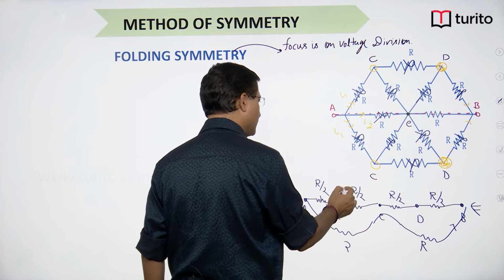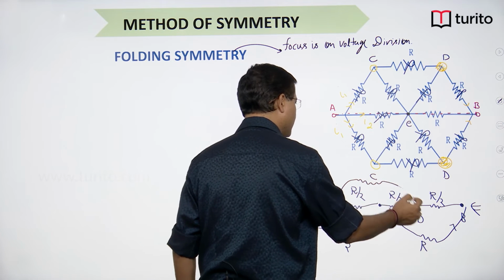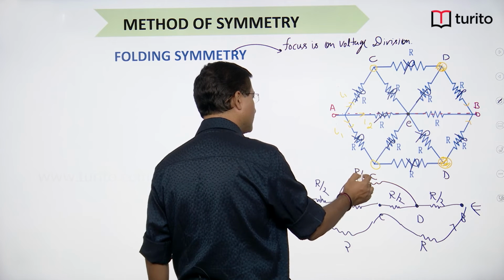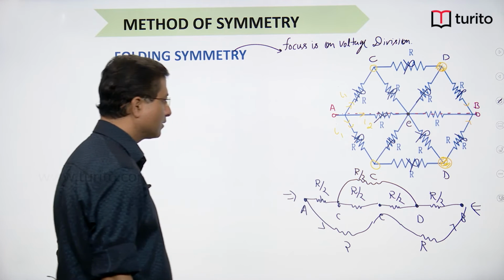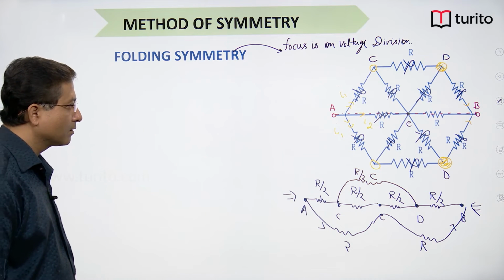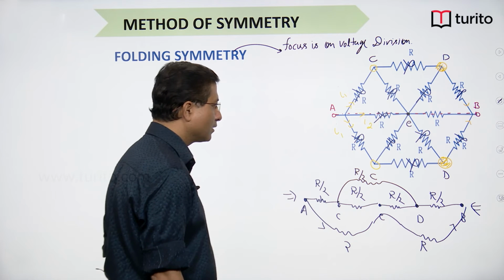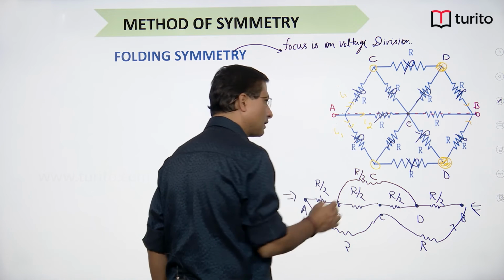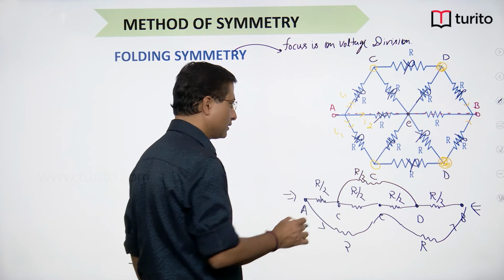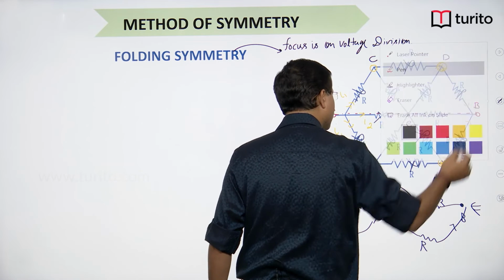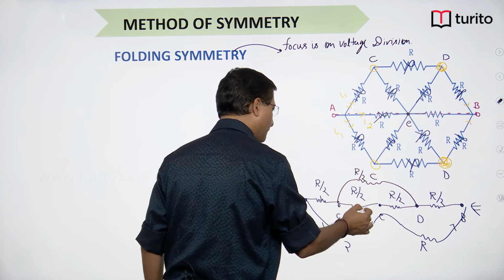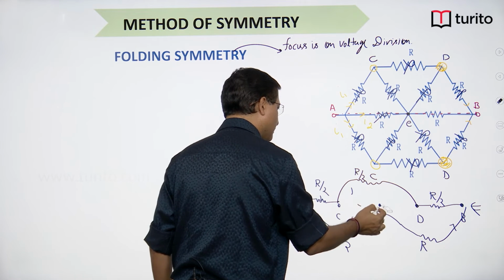So, here this R by 2, this R by 2 will make it R. Okay. R here.